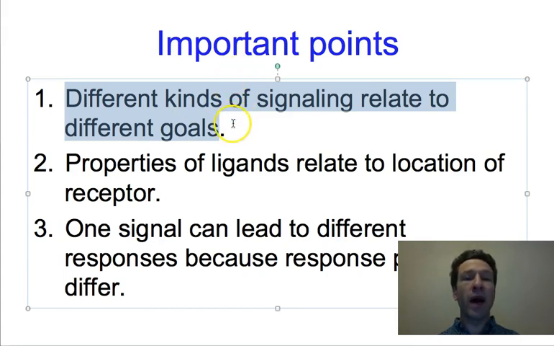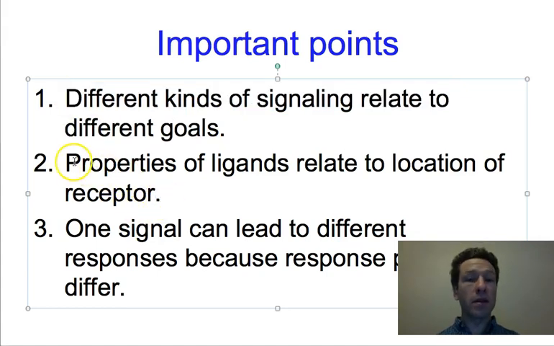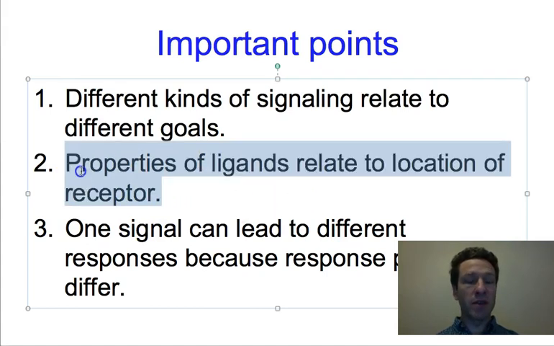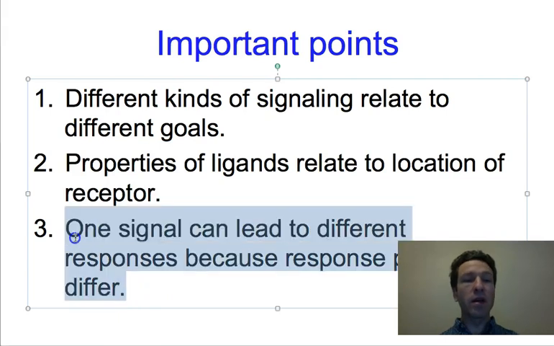And think about how the different ways that those signals get sent relate to what they do. Second, remember that the properties of ligands relate to the location of the receptor. So we've seen some membrane-bound receptors and some cytoplasm receptors, and we've seen that they have different properties for their respective ligands. And third, keep in mind that one signal can lead to different responses.